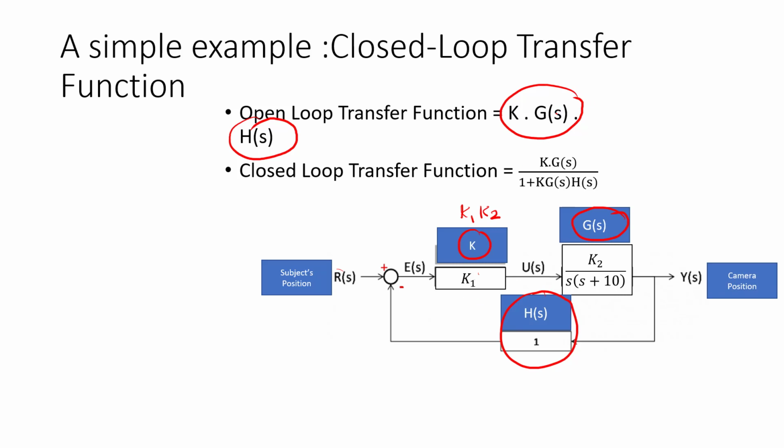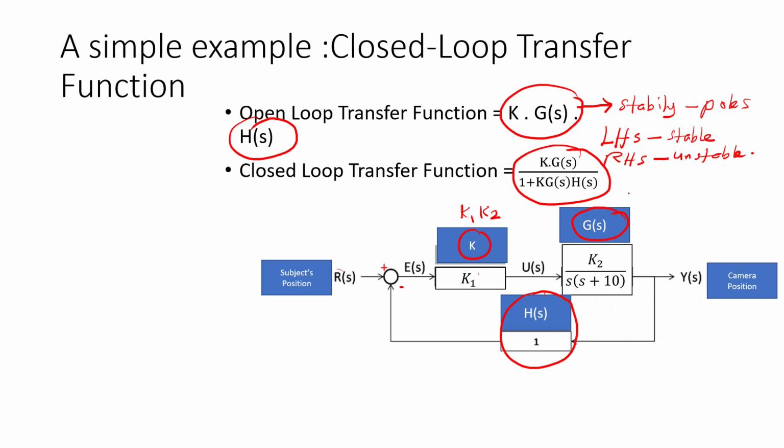We know that for the open loop transfer function, the stability of the system depends on the poles. If the poles lie on the left half of the S-plane, the system is stable. If they are in the right half of the S-plane, the system is unstable. But in the closed loop transfer function, as in this given equation, the stability depends on the gain K. So how? Let's look at the next slide.